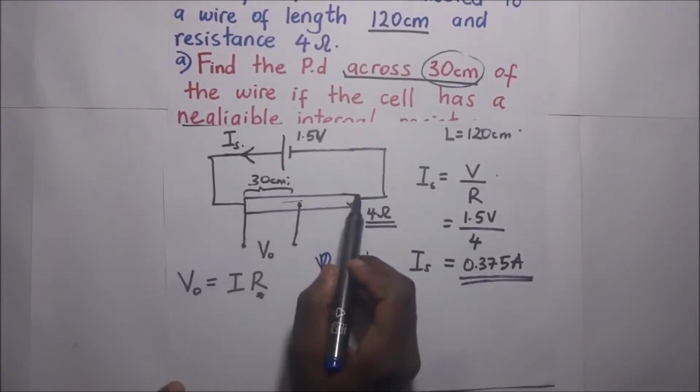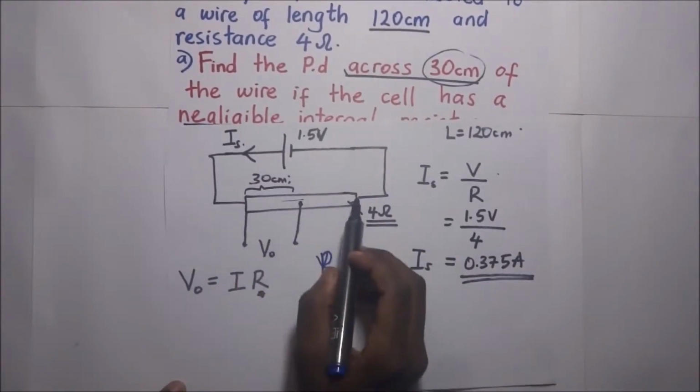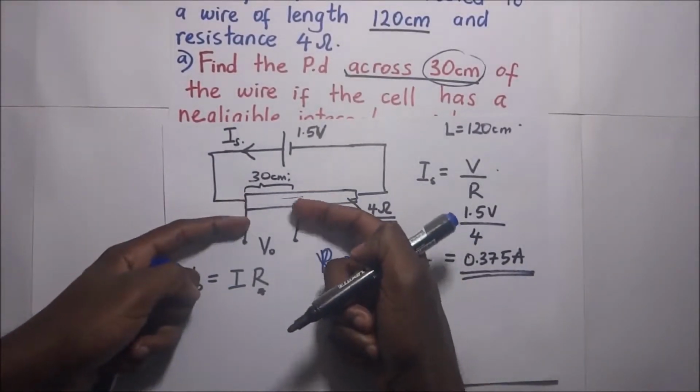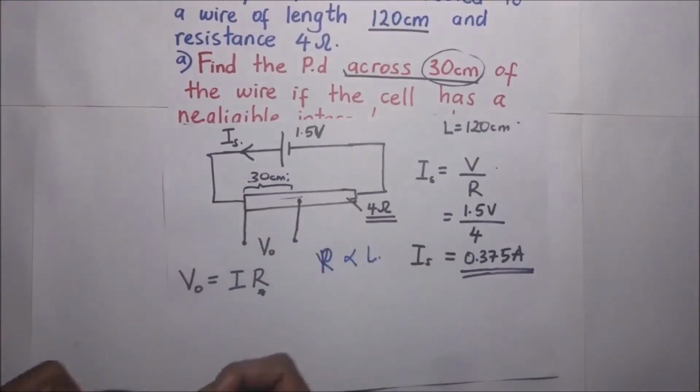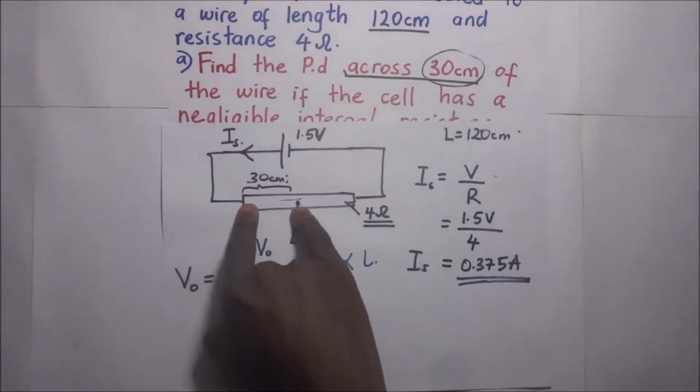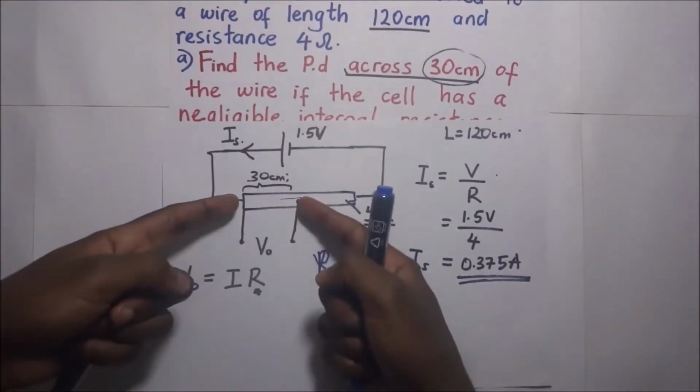Now the length of this whole thing is 120 centimeters, and we only need a portion of it, which is 30 centimeters. We have the resistance of the entire length, which is 4 ohms, but we do not know the resistance of that portion. So let's try and find the resistance of this portion.